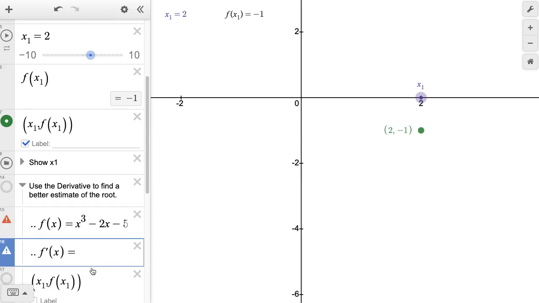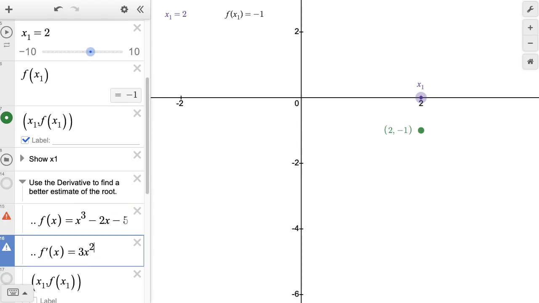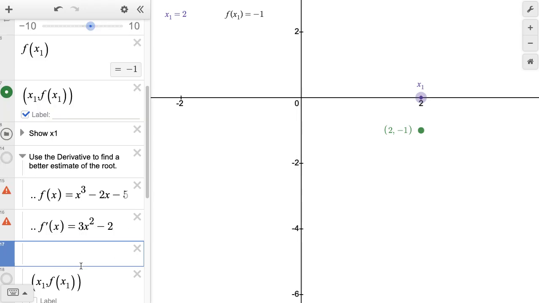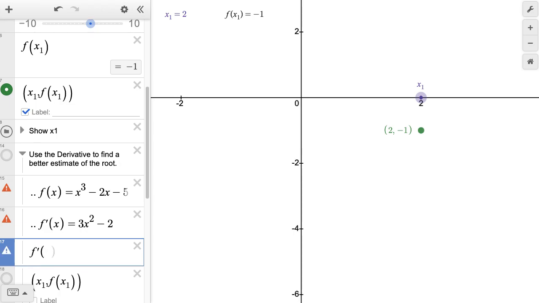So the derivative is 3x squared minus 2. Okay, so I'm going to ask the calculator to calculate f prime of 2. The derivative is 10 at 2. So that means that whatever this graph looks like, it has a slope of 10 here.